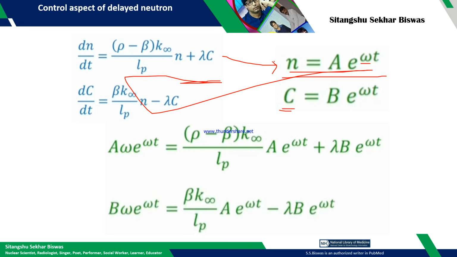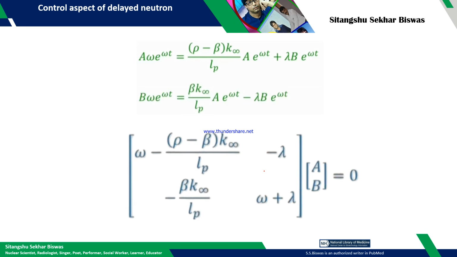In place of n we are putting a e to the power omega t, and in case of C we are putting b e to the power omega t. The left hand side will be the differentiation of this, and the right hand side stays as it is. Now you can see that e to the power omega t is cancelled out from everywhere.